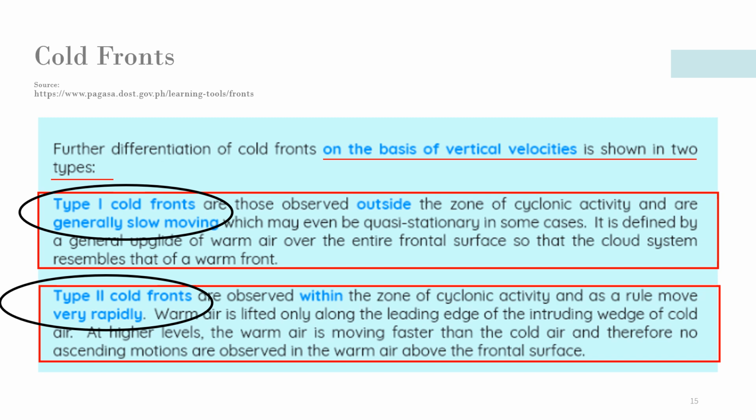So this is according to Pag-asa, which means that the cold fronts are categorized on the basis of vertical velocities, which they further differentiate as type 1 and type 2.